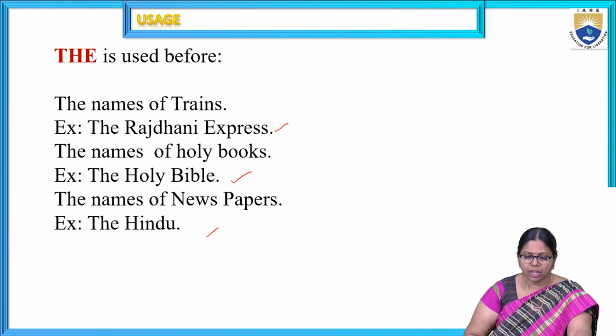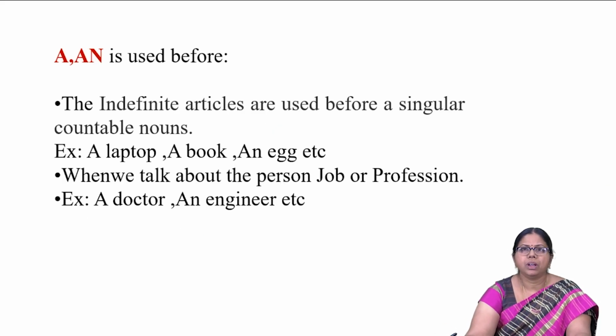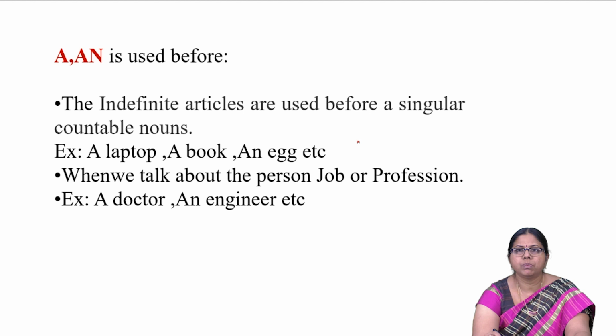And next, we go with the usage of the articles a and an. We already discussed the definition of the articles a and an. Again, let us see the usage: indefinite articles are used before a singular countable noun.